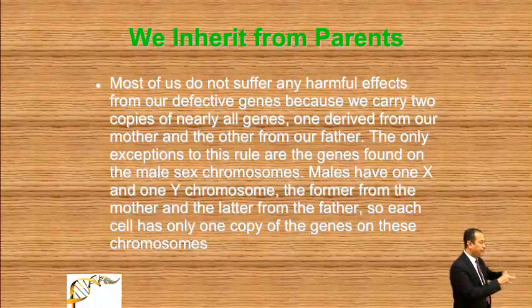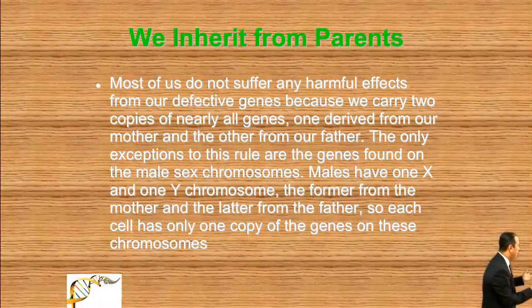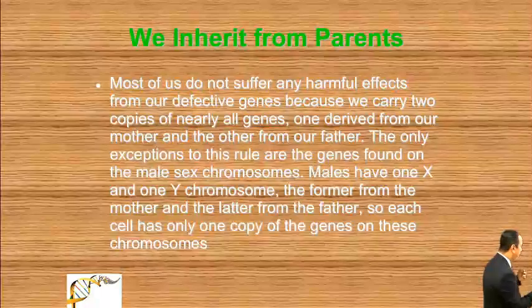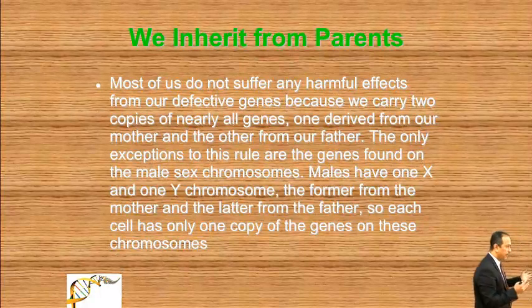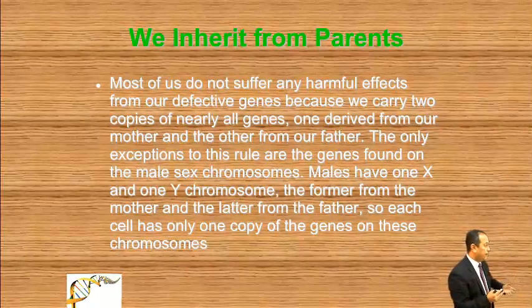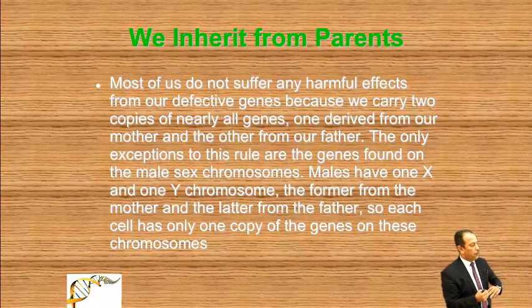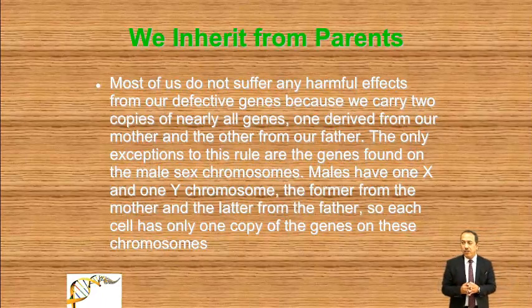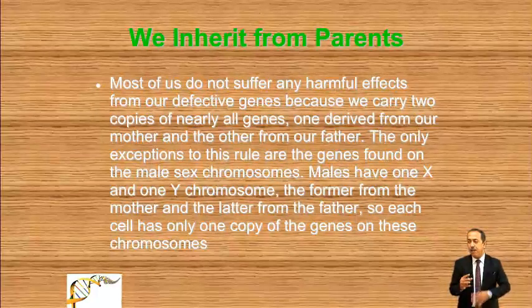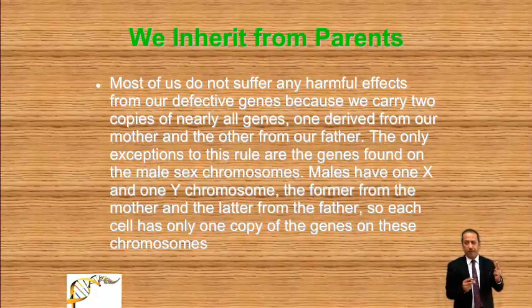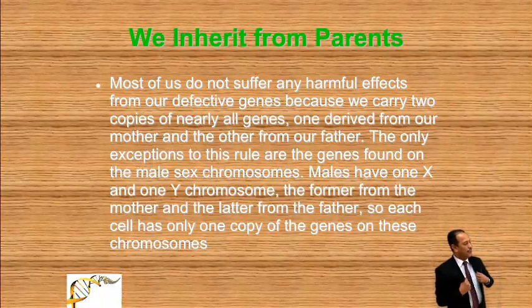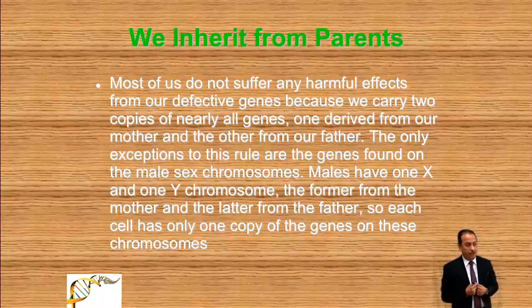Now, all of you in this class inherited genetic information from your father and mother. Half of the genetic information is inherited from Dad, and the other half from Mom. Most of us do not suffer any harmful effect from our defective genes because we carry 2 copies of nearly all genes, one derived from our mother and one inherited from our father.